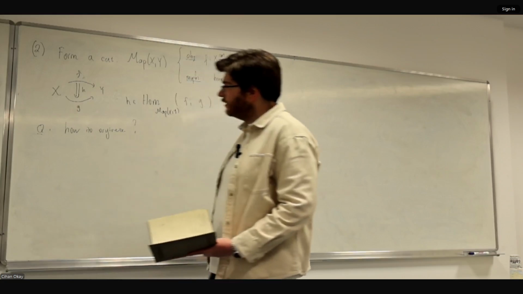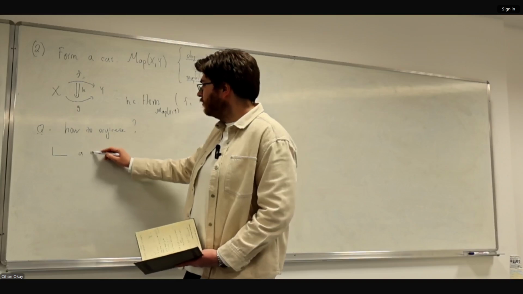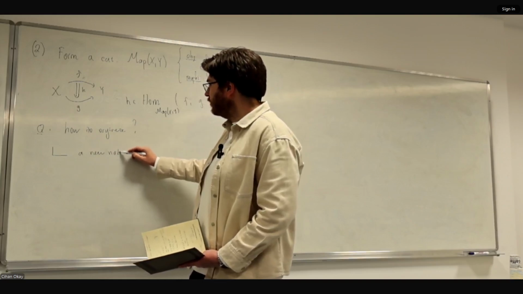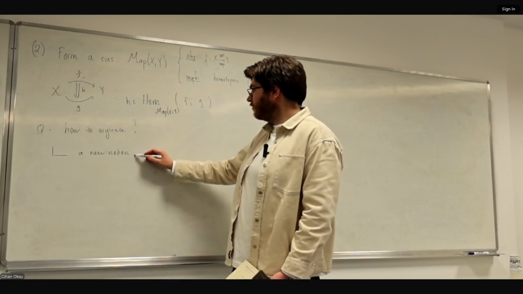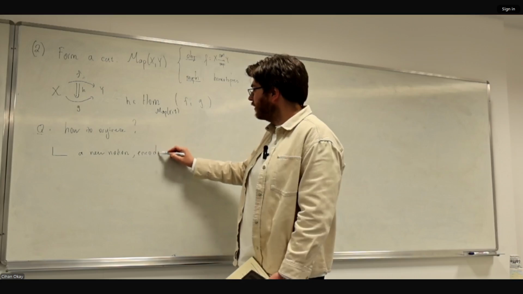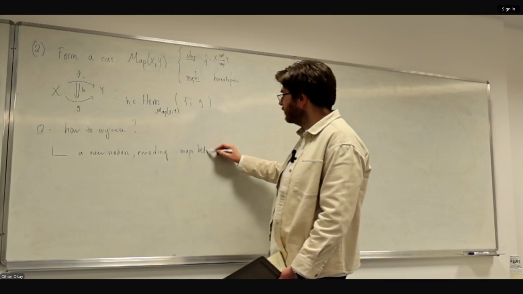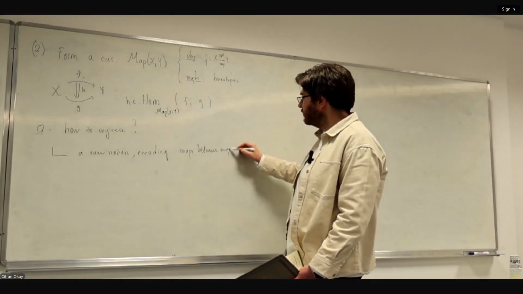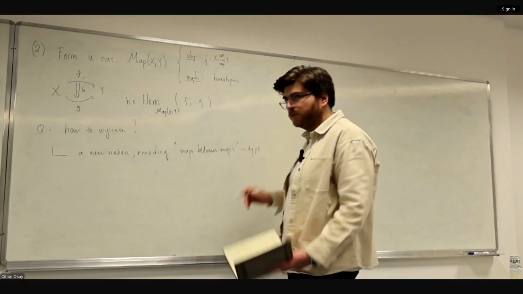How to organize such information? And the answer is you need a new notion, or notions later, right? Somehow, I don't know, encoding these maps between maps type situations.